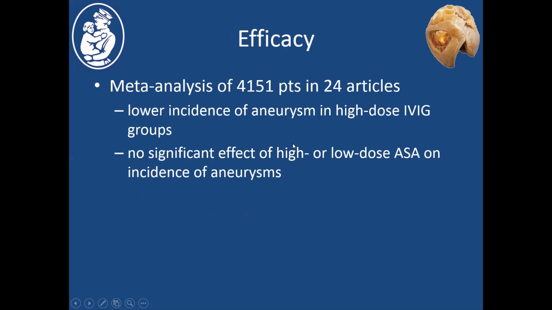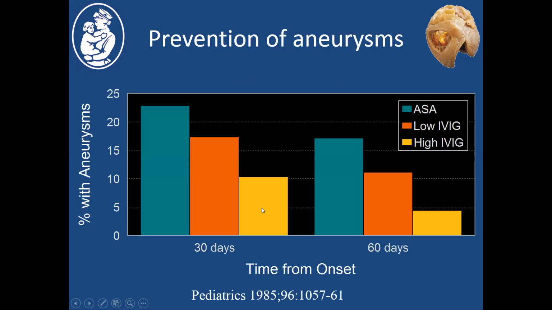The efficacy of treatment, there are a number of articles. A meta-analysis showed that there was a significantly lower incidence of aneurysms in the high-dose IVIG group, and there was no significant effect of high or low-dose aspirin on the incidence of aneurysm.